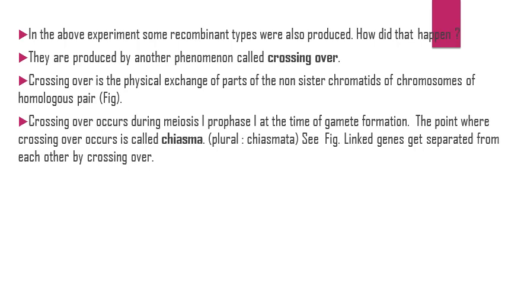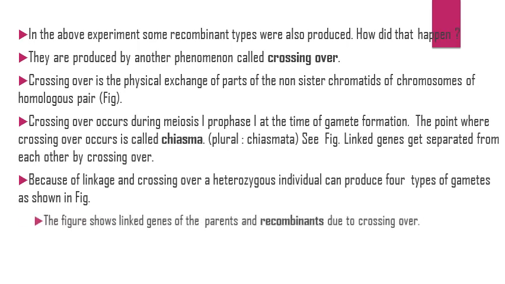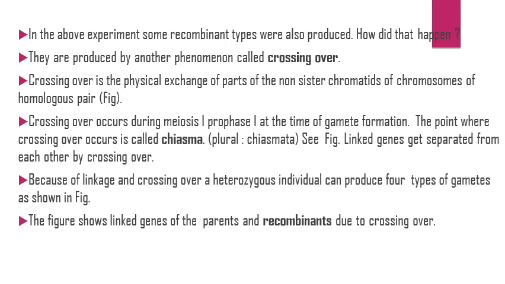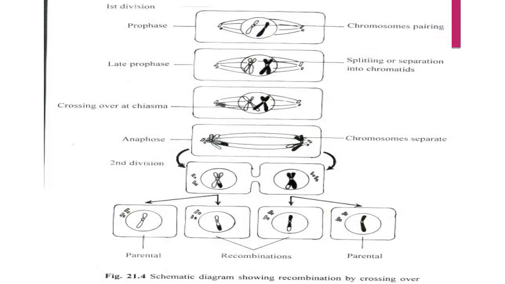The point where crossing over occurs is called chiasma. So linked genes get separated from each other by crossing over. Because of linkage and crossing over, a heterozygous individual can produce 4 types of gametes as shown in the next figure. The figure shows linked genes of the parent and recombinants due to crossing over. You can see here in this figure.